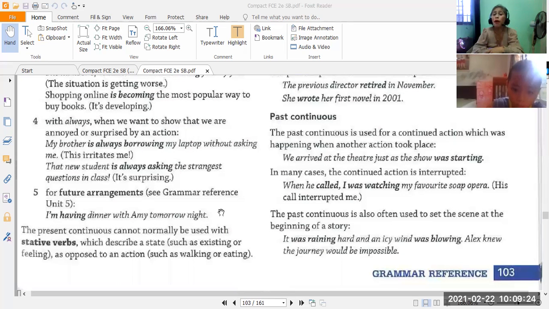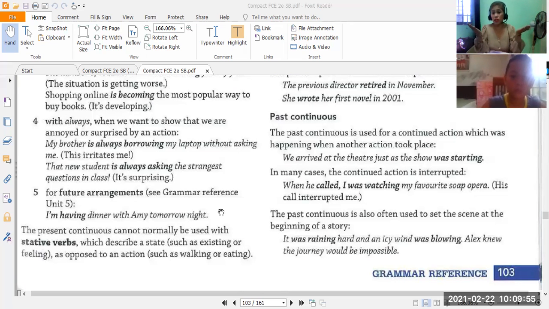What do you mean by the word past continuous? The past continuous is used for continued action which was happening when another action took place. So it means two actions are happening together.